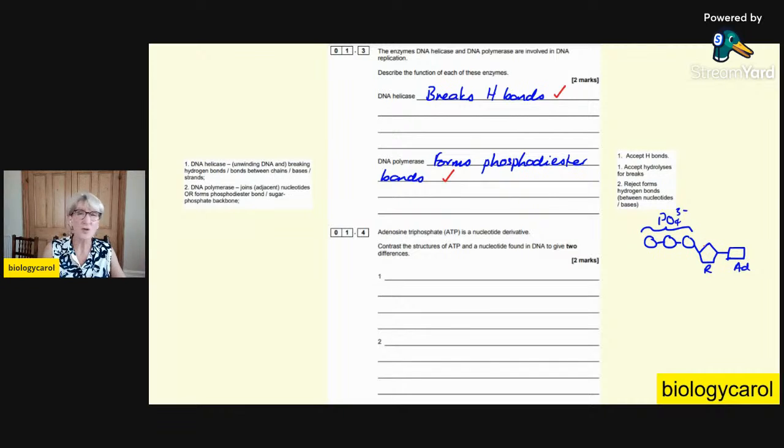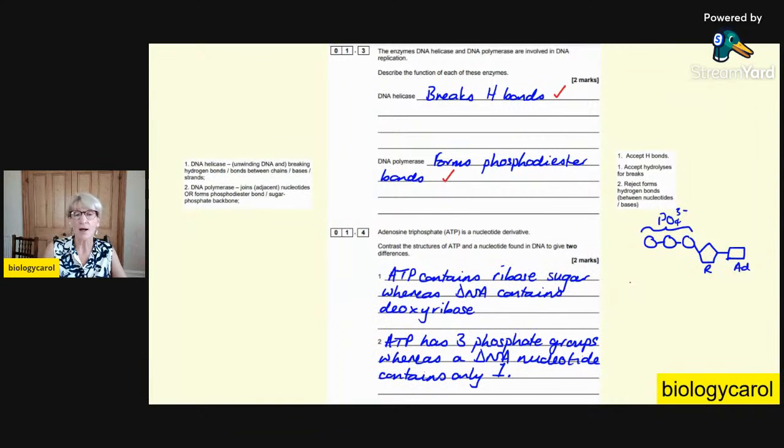And the other most obvious thing to me would be that a DNA nucleotide has only 1 phosphate group, whereas ATP has 3 phosphate groups. So here are my answers. Notice that I take the feature, first the sugar, and say what the sugar is in ATP and what the sugar is in DNA. And I do the same with the second feature, the number of phosphate groups.